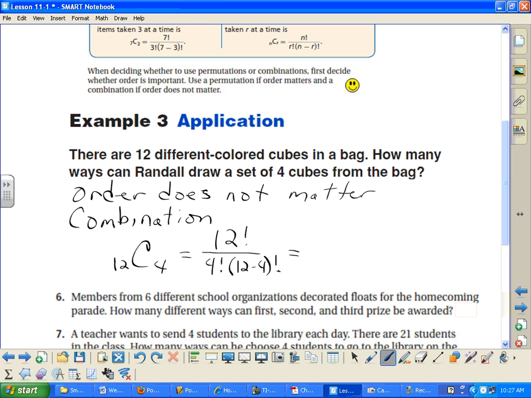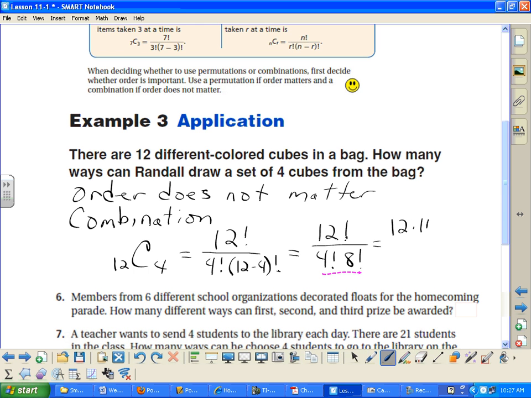When it's a combination, this is the way it always works: 12 factorial in the numerator, and then 4 factorial, 8 factorial. These two numbers have always got to add up to what's in the numerator. So we do the work, and now here's the thing.